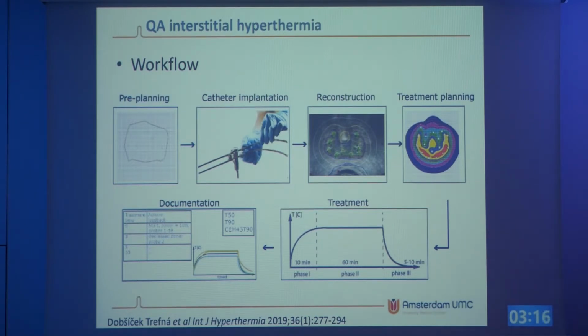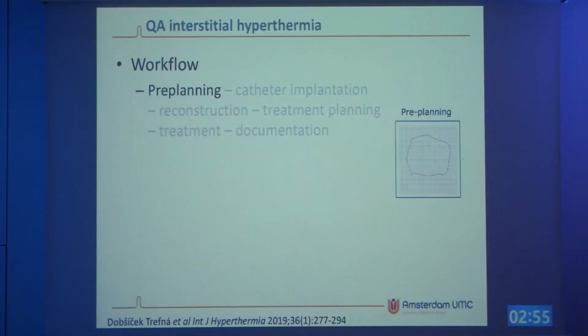Then the next step is that you verify whether your applicators, your catheters, are at the designated location, and then you do the real treatment planning. You perform treatment, and at the end you make certain that you document all the relevant parameters.